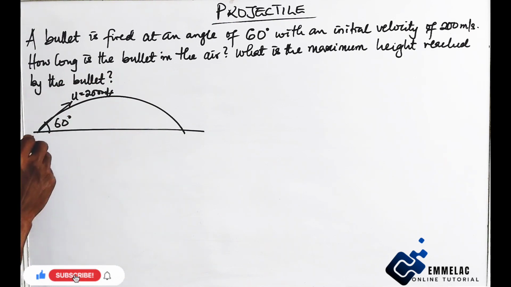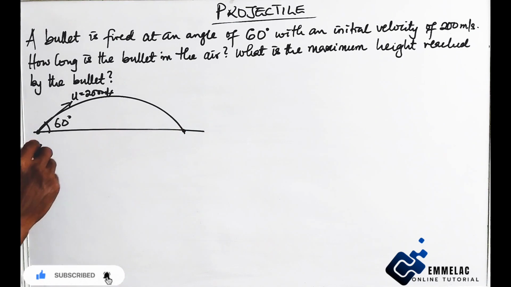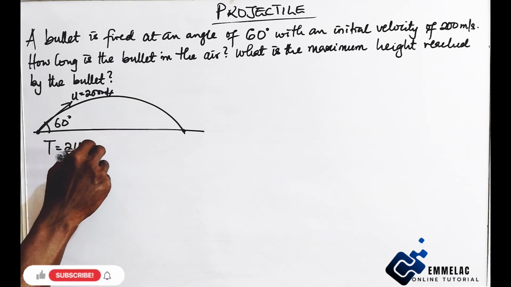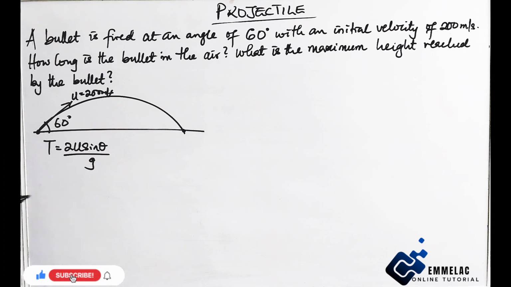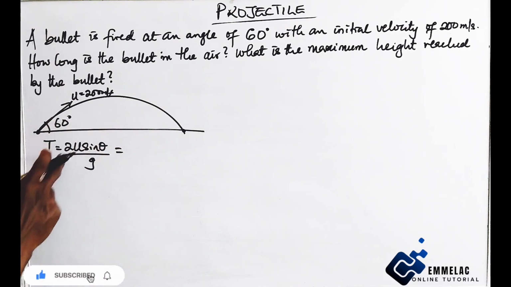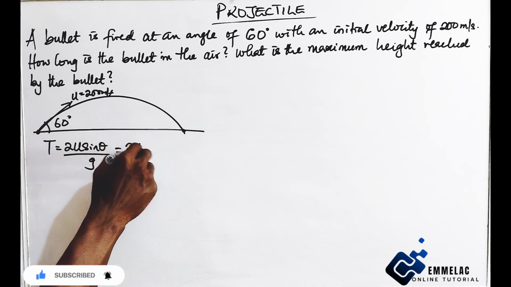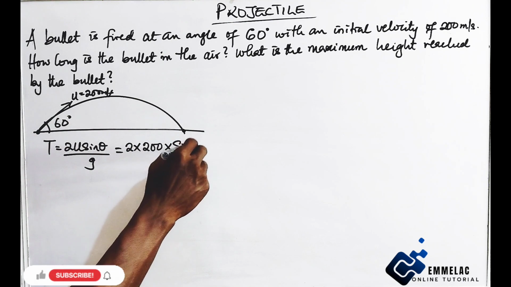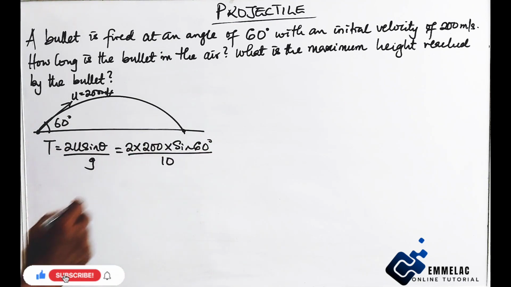That will be the total time of travel from here to this point, and we know that the total time with respect to the angle of projection is given as 2u sine theta over g. So if we input the parameters into this expression, we have 2 times 200 times sine 60 degrees over 10.